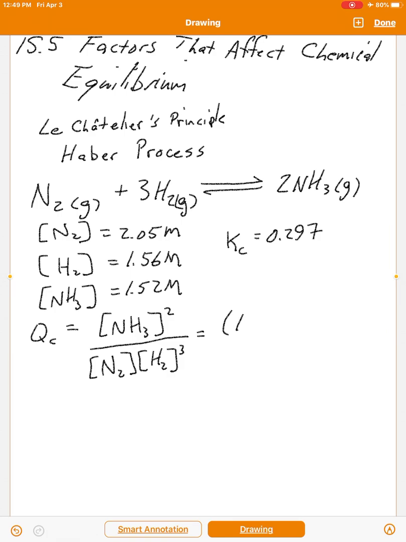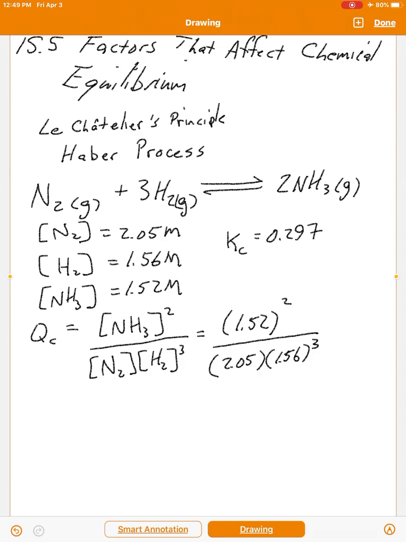So the ammonia is 1.52, and we're going to square that. Then we divide that by the concentration of nitrogen, 2.05, and divide that by the concentration of hydrogen, which is 1.56 cubed, right? Third power. The coefficients become the exponents under the law of mass action.